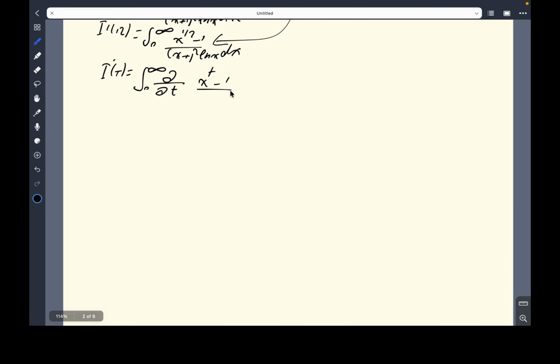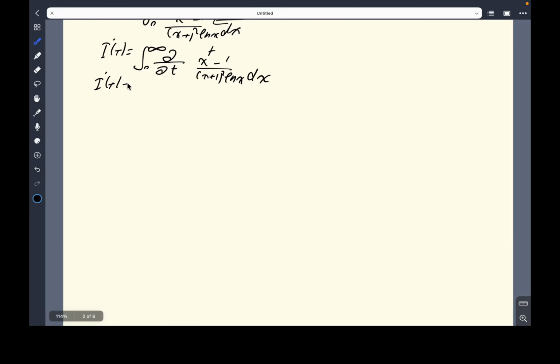Thus, I prime of t is the integral from 0 to infinity of x to the t ln x, because we are differentiating x to the t with respect to t. It's an exponential function's derivative, which is given as the function multiplied by the ln of the base, over x plus 1 squared ln x dx.